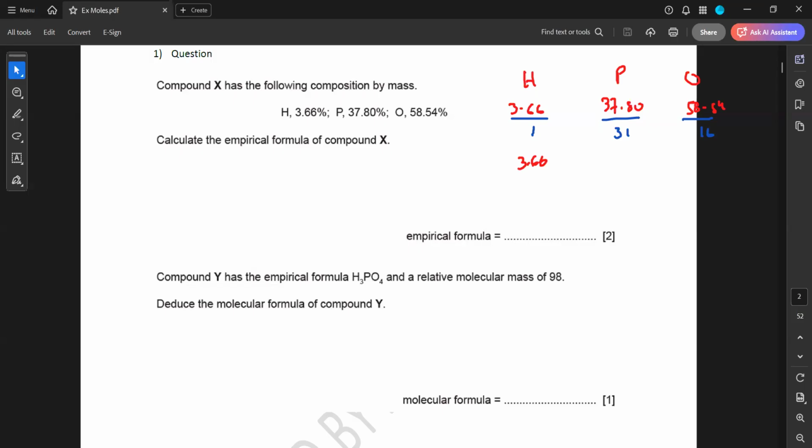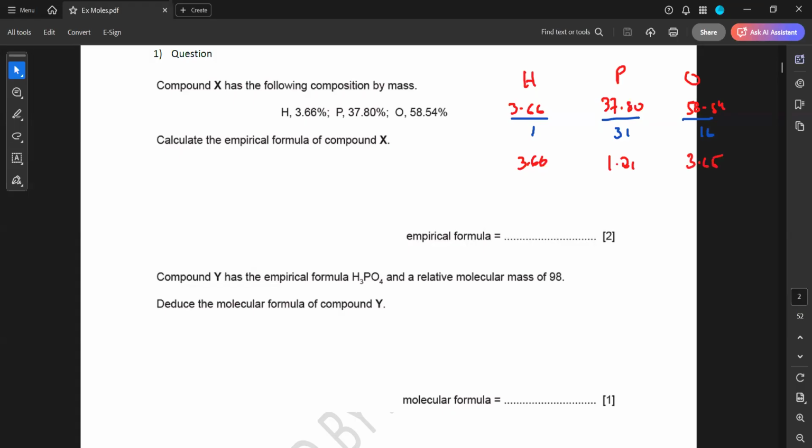For phosphorus, 37.8 divided by 31 equals 1.21. And for oxygen, 58.54 divided by 16 is 3.65.